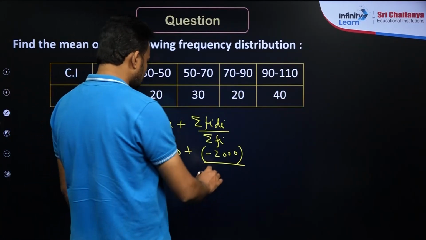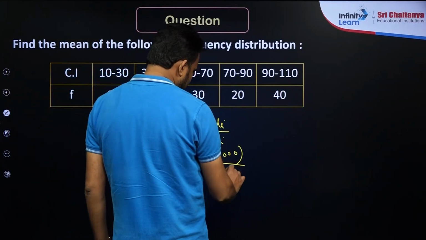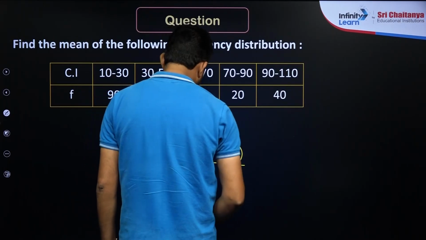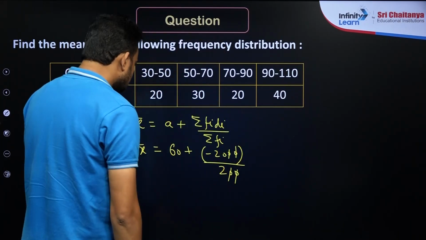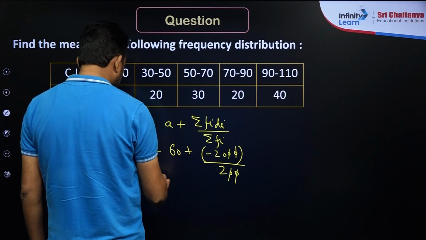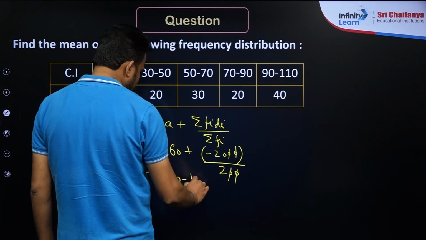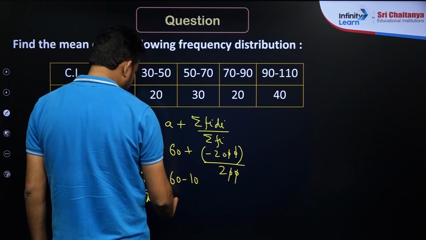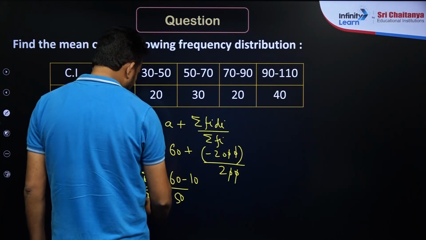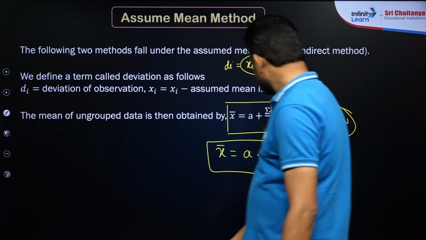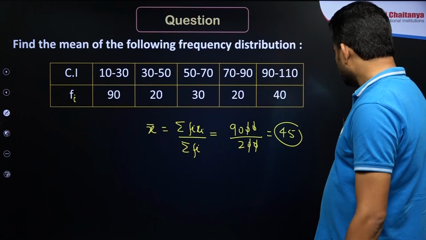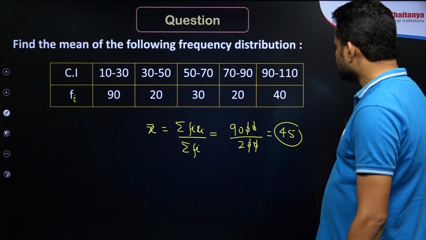Let us solve this. You will get x bar equal to 60 minus 10, which is minus 50, but the answer should be the same. In the previous one we got 45. So in this case, we should get the same answer.